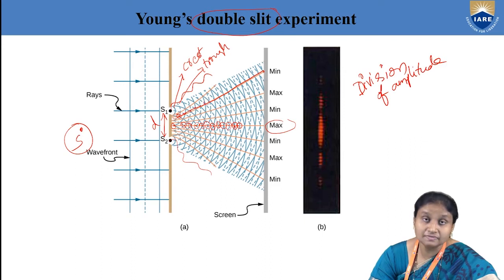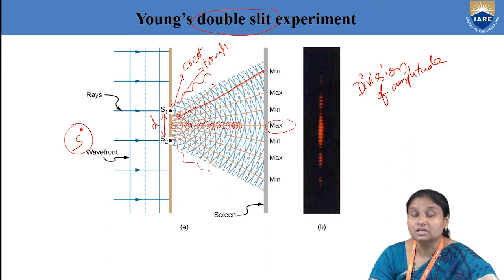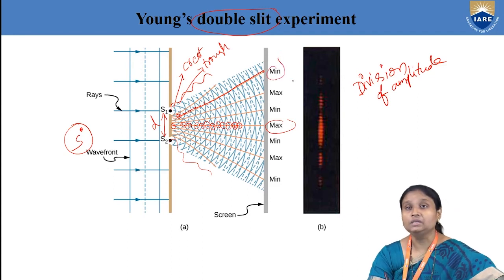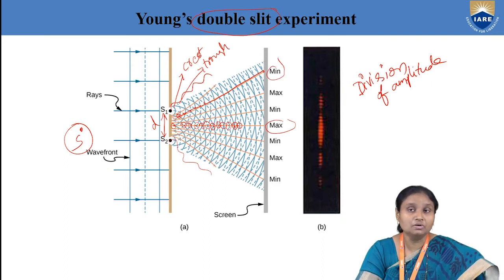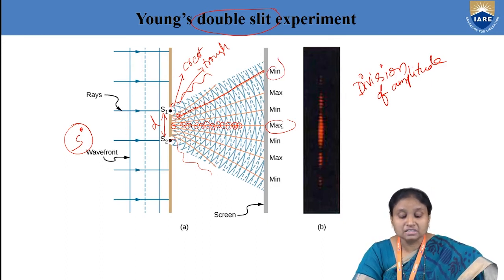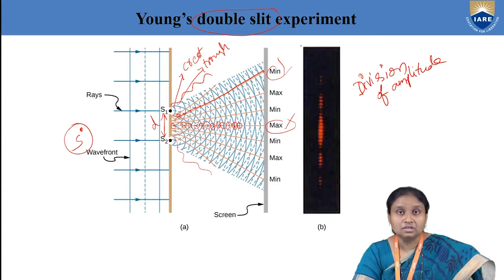Then these waves are out of phase with each other, their resultant amplitude will be the difference of the amplitudes due to the individual waves, and we end up with minimum intensity. And what do we mean by minimum intensity in interference? Minimum intensity means zero intensity. So maximum intensity gives rise to a bright fringe, and minimum intensity gives rise to a dark fringe.